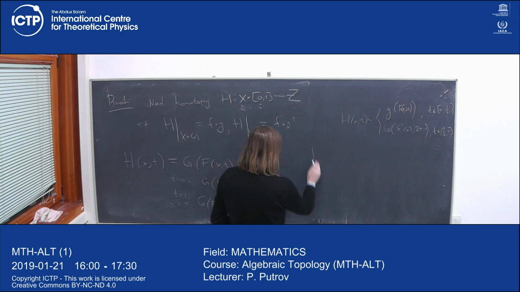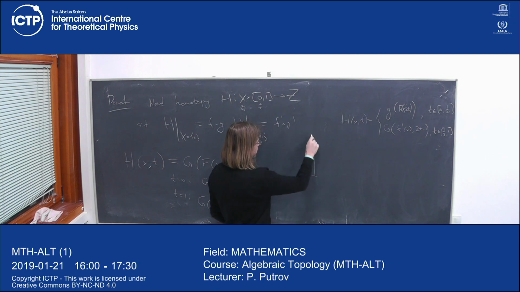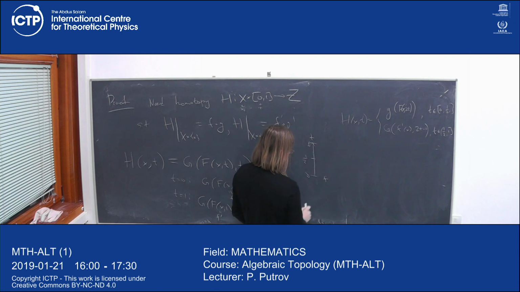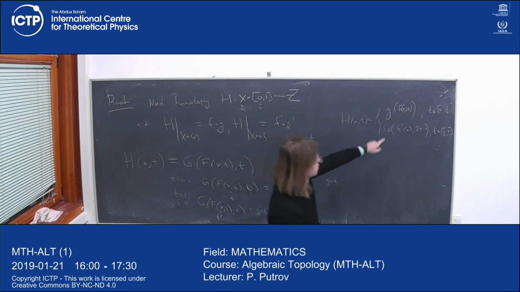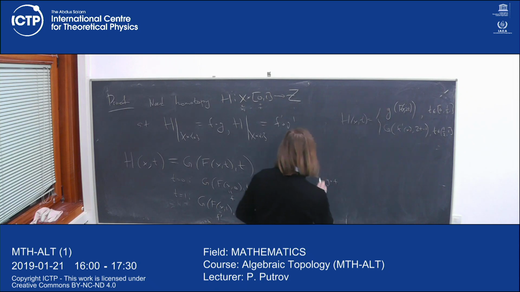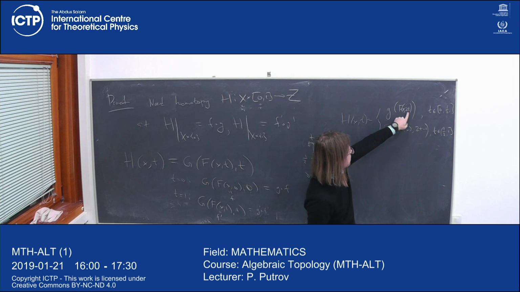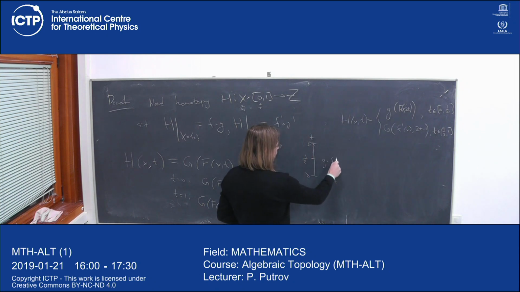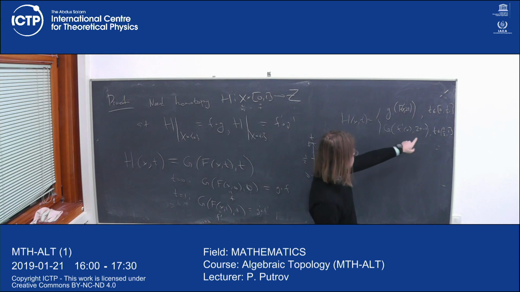Again, you can understand this if you write this homotopy as follows, for t from 0 to 1/2. You can start with g composition of f. In the beginning, when t equals 0, this becomes f, so you get the composition of g and f. Then when we arrive at t equals 1/2, we get big F of x and 1, which is f prime. So we get the composition of g with f prime.